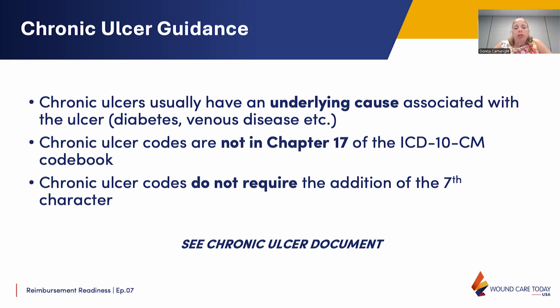Now, what I did was create another chronic ulcer document for you to have as a cheat sheet, and it will give you some of the more common chronic ulcer codes so that you have them to take a look at when you're trying to make that decision as to what do I have here.